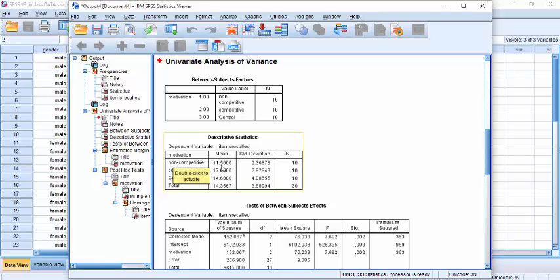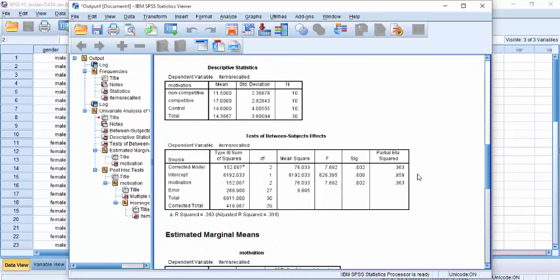So the mean number of items recalled for the non-competitive motivation group was 11.5, competitive 17, and control 14.6. So just kind of off the bat, we see that the competitive group had the highest number of items recalled. But we still need to know if that is significant.